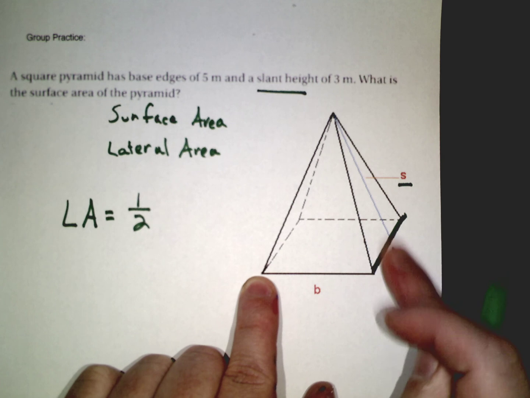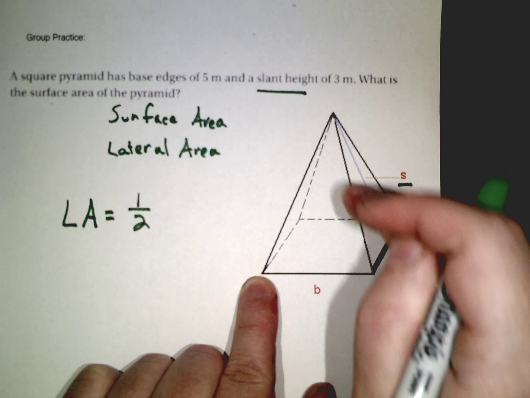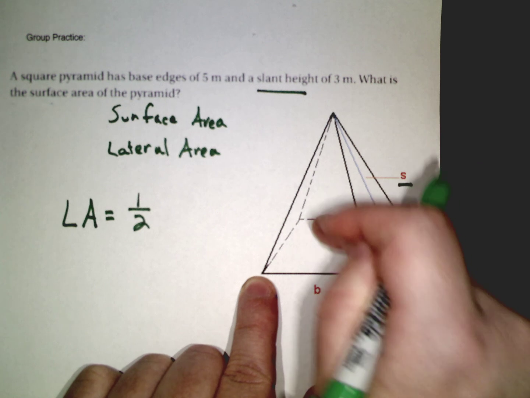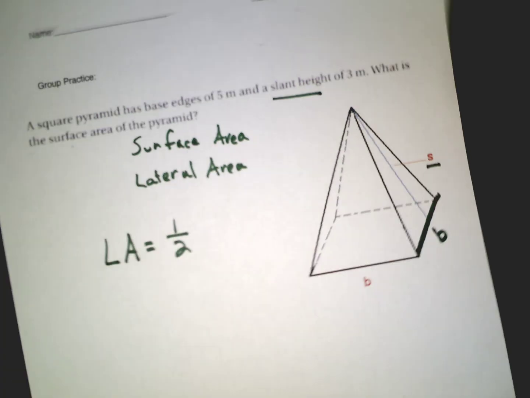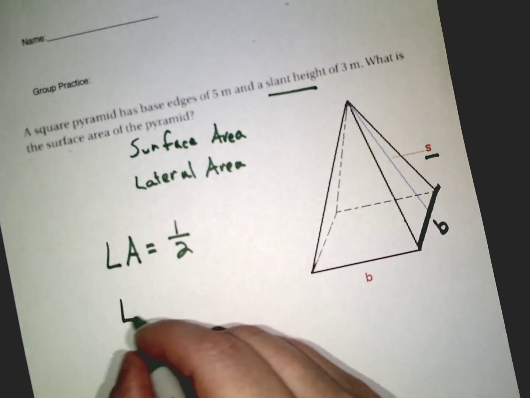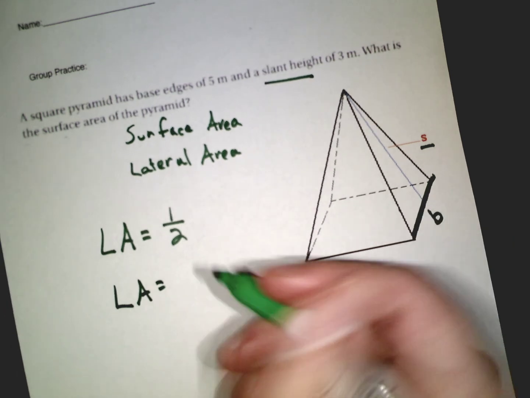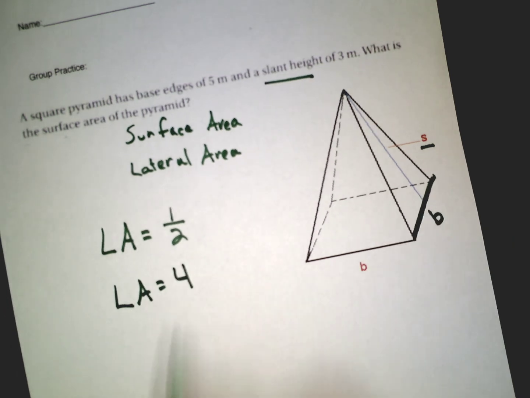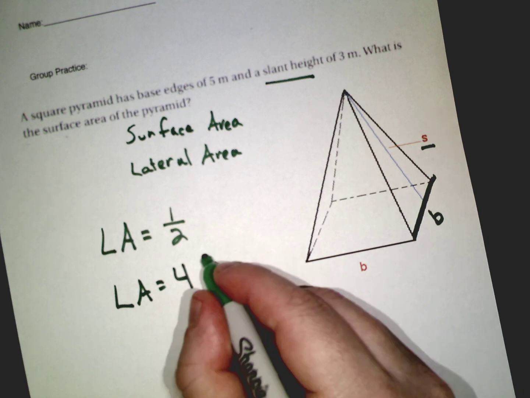So I can find the area of this triangle. But this triangle and this triangle are the same, and this one over here and this one over here are the same. So for the lateral area I'm going to take the area of four triangles, because I want to do it 4 times. So I can just multiply it by 4.